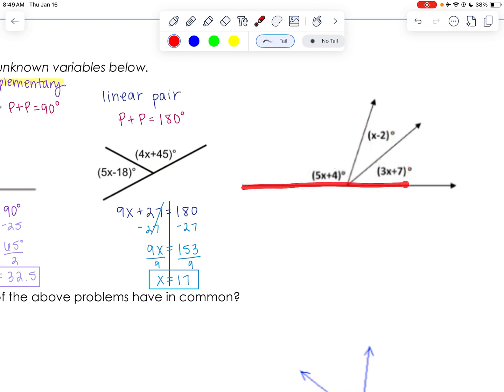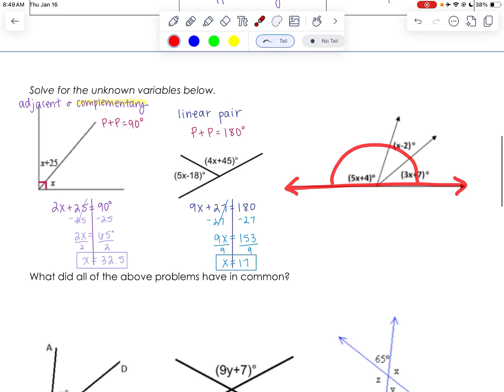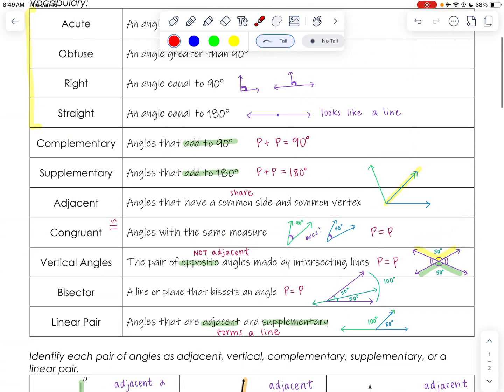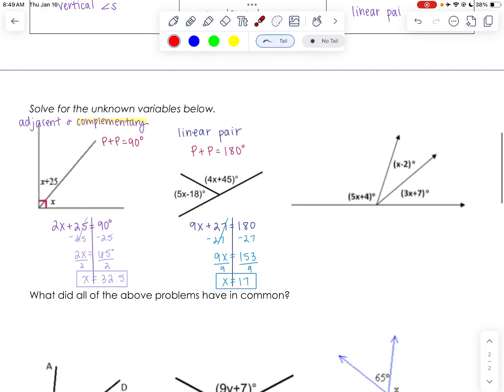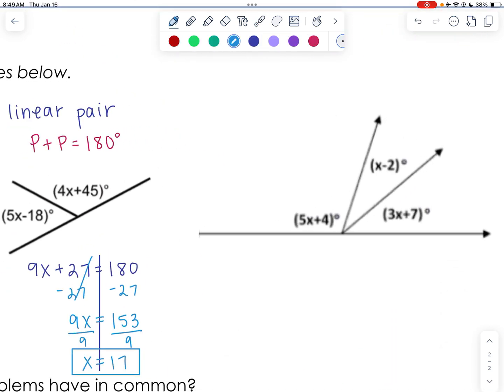So while they are all sitting on a line together, it's not a linear pair because I don't have a pair. But they are sitting on a line, which means they're all supplementary. You can have a line, but because I don't have 2, that just means they're supplementary. And supplementary means that they're all going to add up to 180.